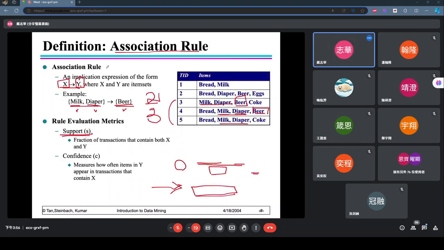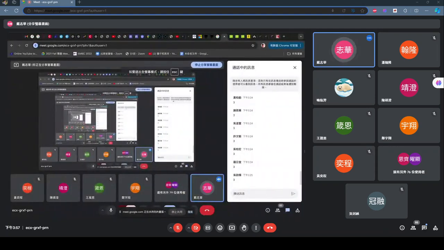Then we could reduce the number of association rules from this much to at least this much, right? So that is why I say frequent pattern mining, or pattern mining, is the first step of association rule mining. Got it? Any questions?